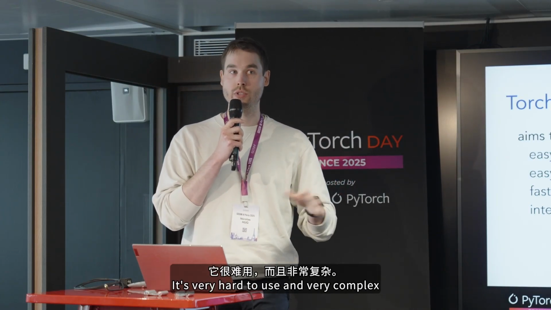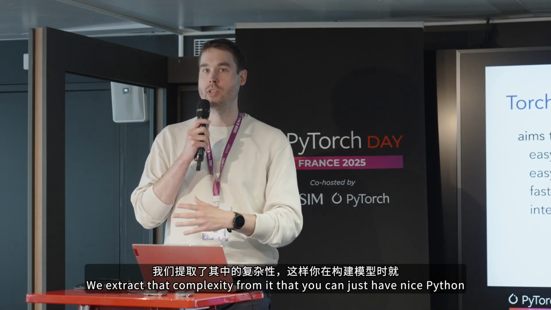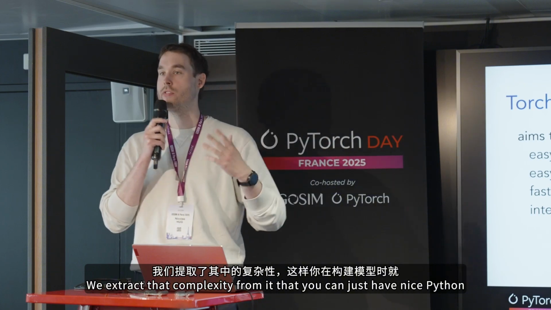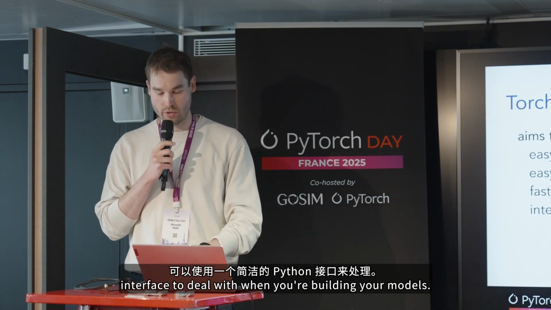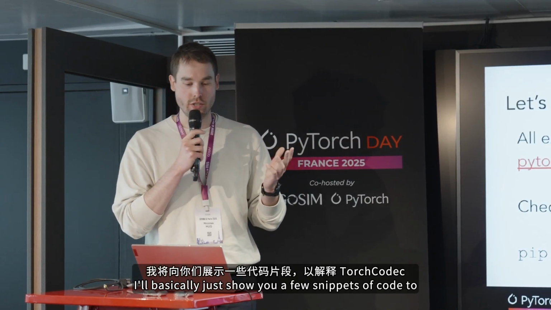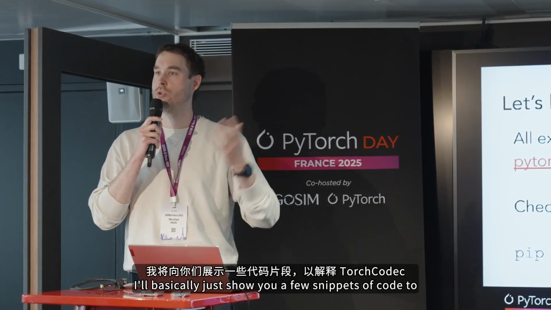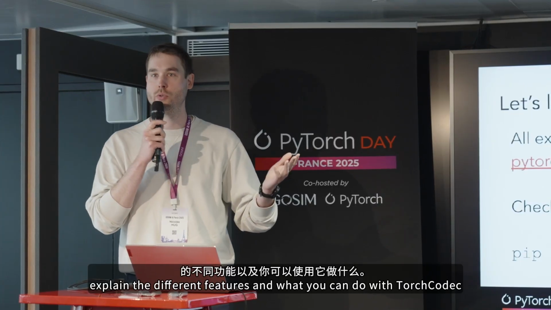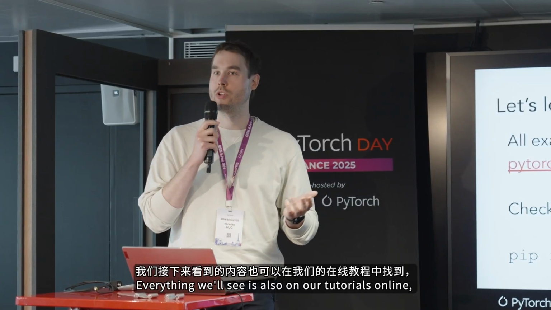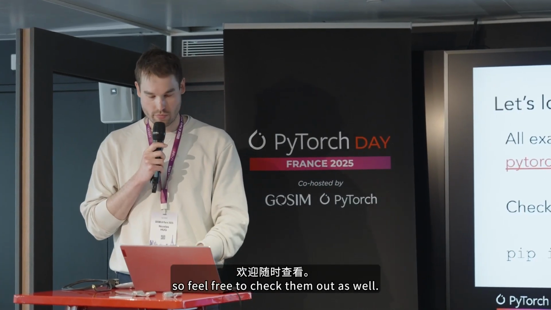It's very hard to use and very complex. We abstract that complexity from it, so that you can just have a nice Pythonic interface to deal with when you're building your models. So we'll be looking at some code. I'll basically just show you a few snippets of code to explain the different features and what you can do with TorchCodec. Everything we'll see is also on our tutorials online, so feel free to check them out as well.